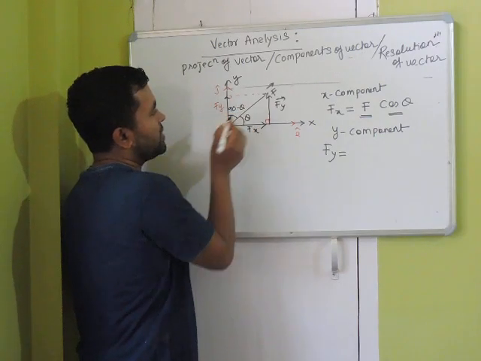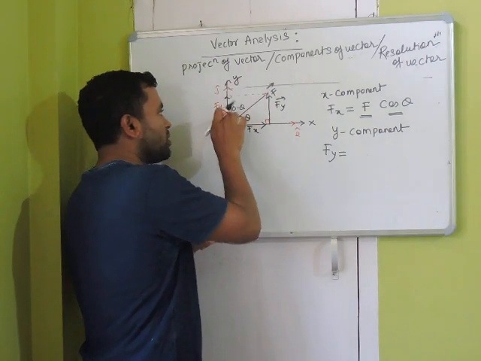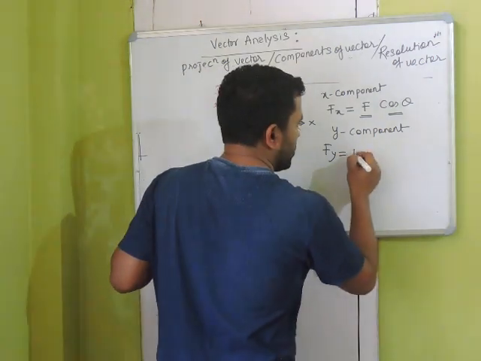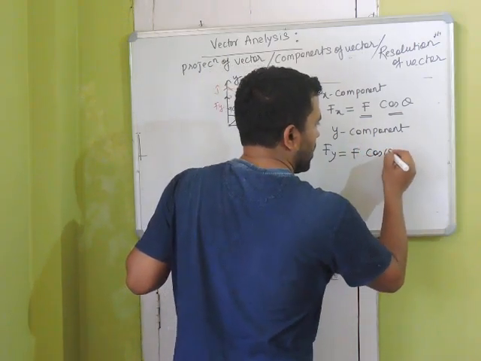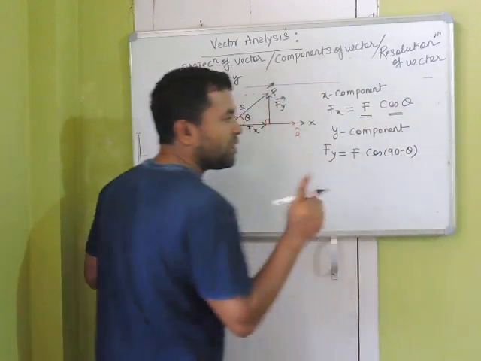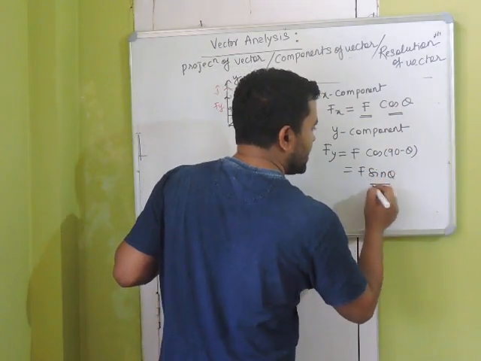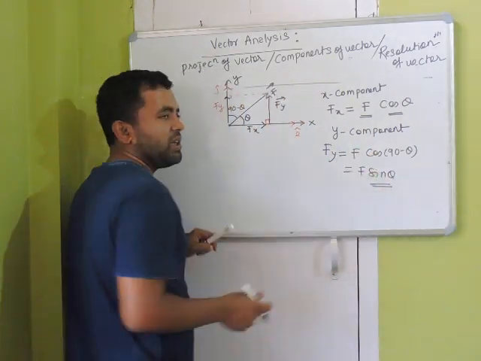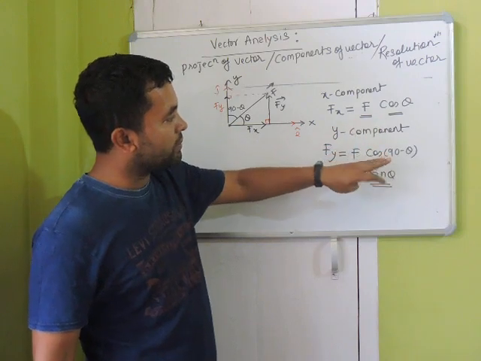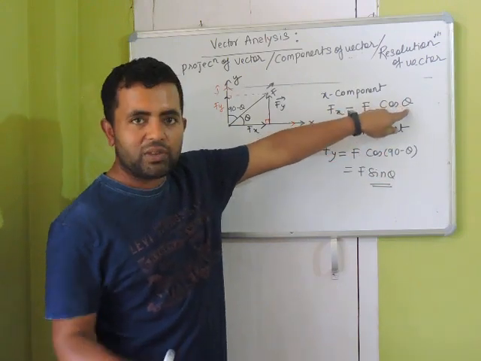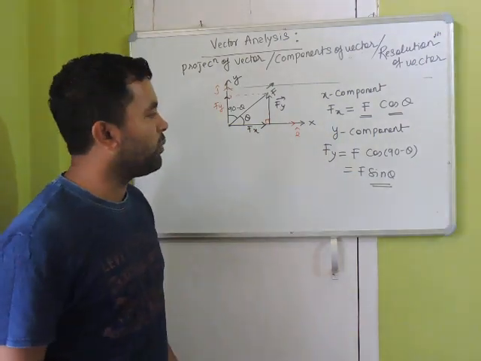So this is 90 minus theta, so the y component is vector times cos of this angle, and it turns out to be F sine theta. But this sine theta is just a trigonometric change. If you know the vector and if you know the angle with the axis, then you can find the different x and y components.